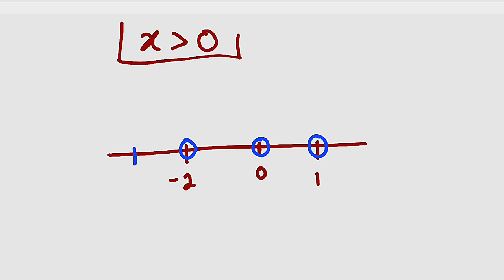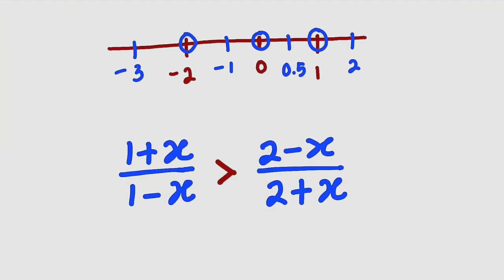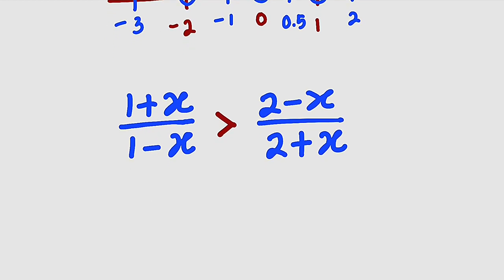So let's test for negative 3 here, negative 1 here, 0.5, and we can test for 2 here. All right, let's start with negative 3. If x is negative 3, to the top we have 1 minus 3, which is negative 2. To the bottom we have 1 minus negative 3, which is 1 plus 3 equal to 4, right?